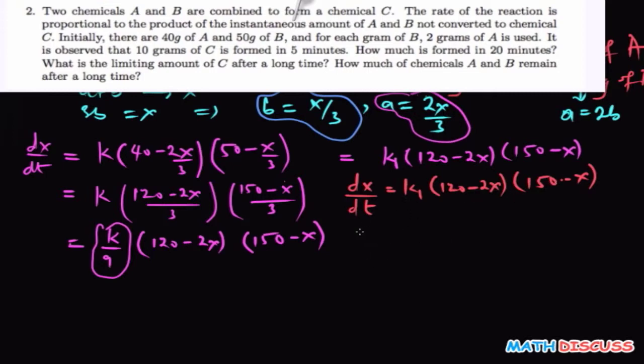In doing that, you have dx all over 120 minus 2x into 150 minus x equals k1 dt. That's the first thing you need to watch out for when you're doing this.